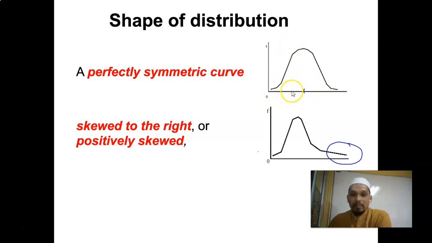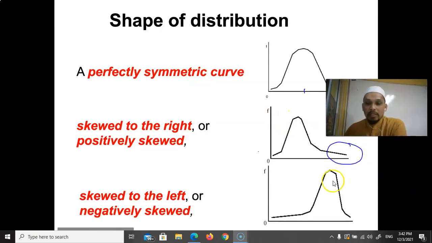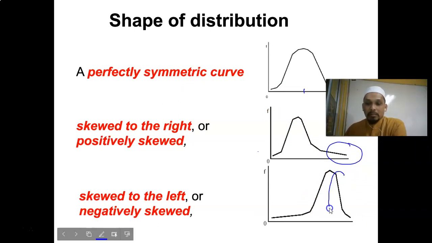So it is balanced, the left and right are equal, so a perfectly symmetrical curve. So now for this data, most of the data is on the right side of the graph, and the tail has a small number of data on the left side, and most of them are on the right side.